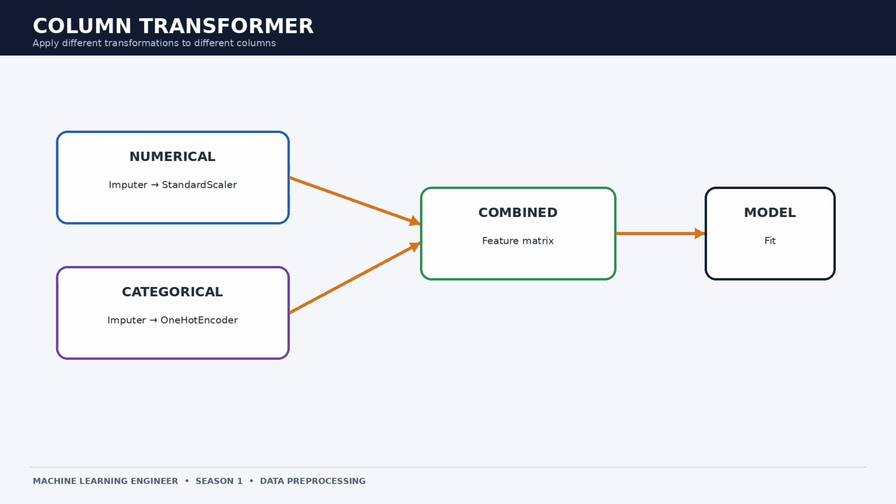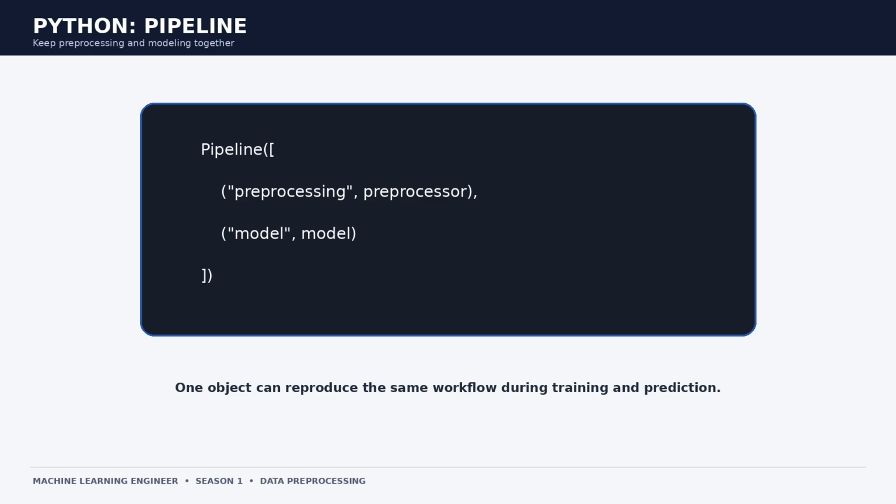In Python and scikit-learn, a column transformer can help us apply different preprocessing steps to different groups of columns. This is extremely useful because real data sets rarely contain only one type of feature. You can then combine preprocessing and the model into a single pipeline.